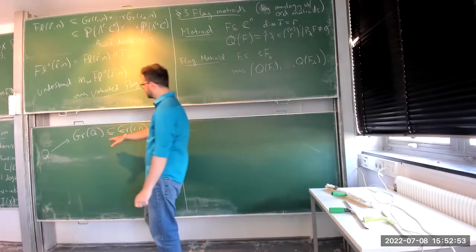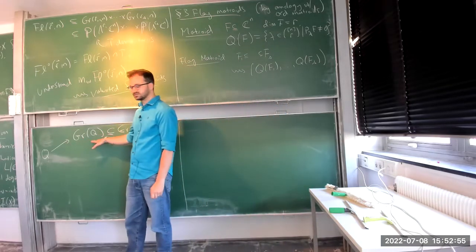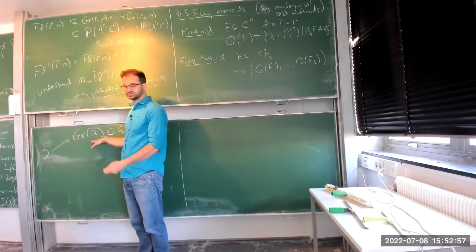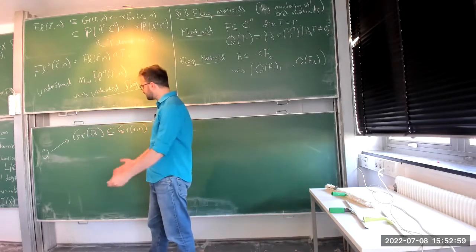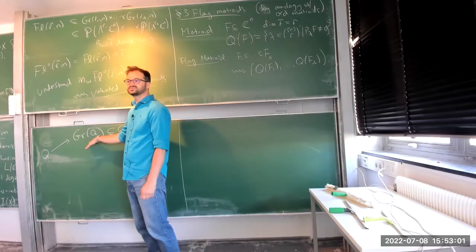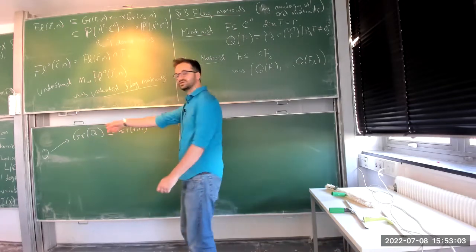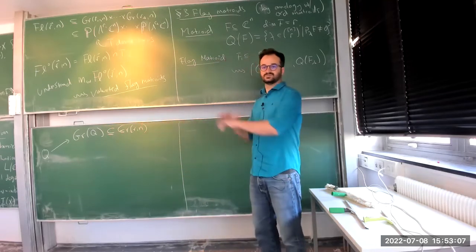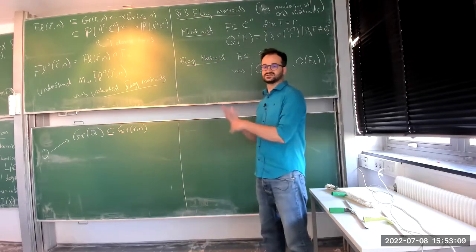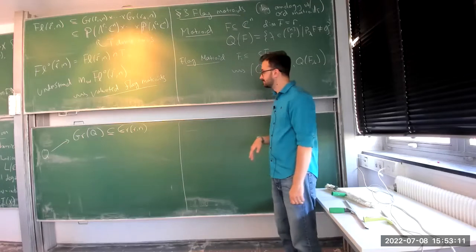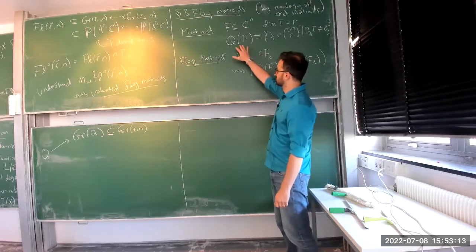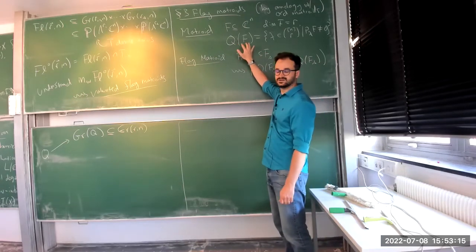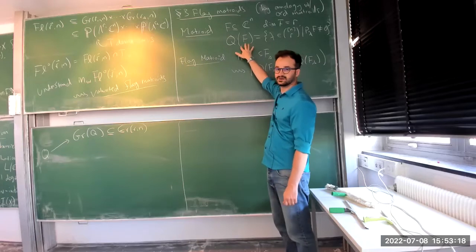Then this is what's called the Thom-Schubert cell or a matroid stratum. Set theoretically, it's all of the subspaces whose matroid is Q. You can think of that as some subset of the Grassmannian. It turns out to be some locally closed subscheme. Here we're using the definition of the matroid of a subspace given here.